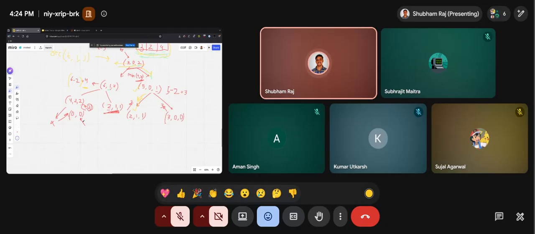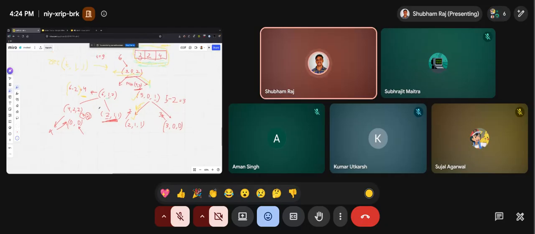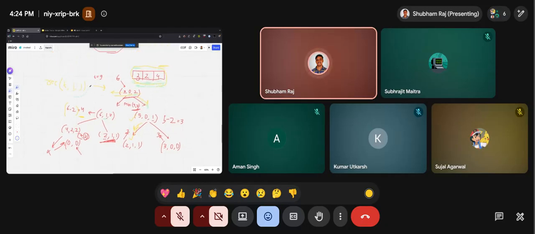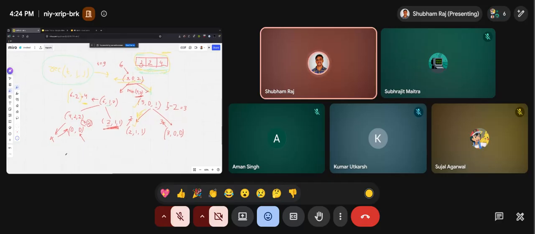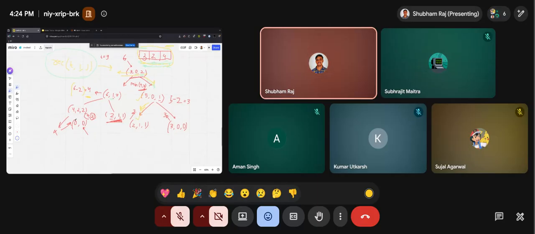Now the question is, this recursive call is not specified for player one. This is for both the players because both players will be playing optimally, right? Now, let's come to the base case first. If our I becomes equal to 0, then our next move will be I plus 1.